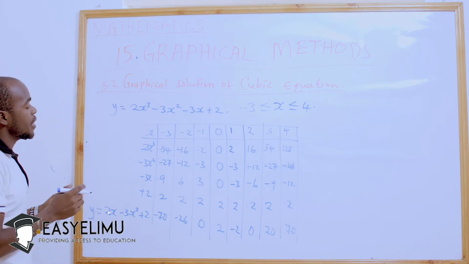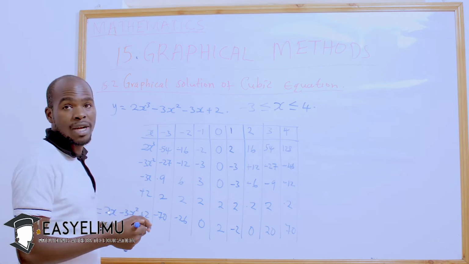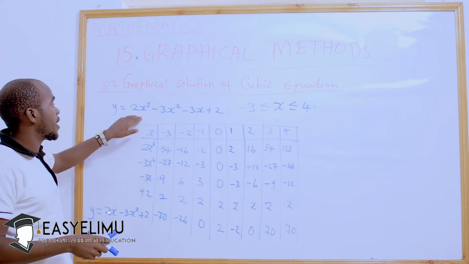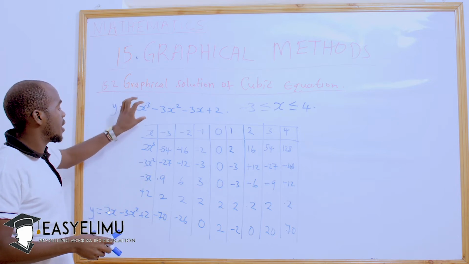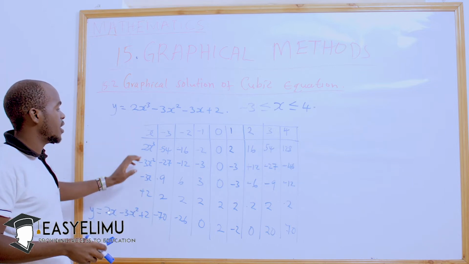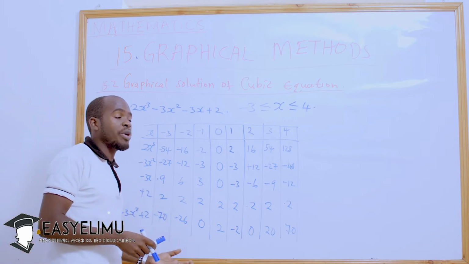From that, the first thing you can see here is that I've constructed a table, and each term here is treated individually, for easy accuracy. That is to avoid errors which may arise.